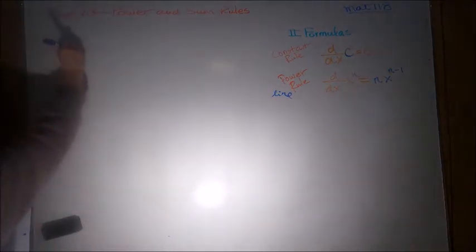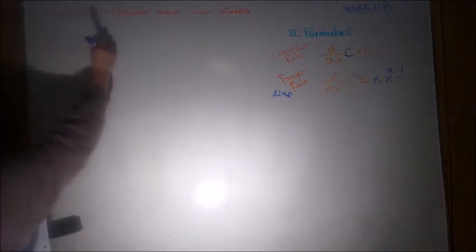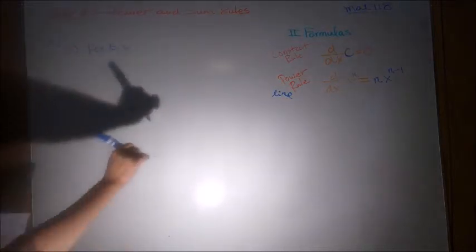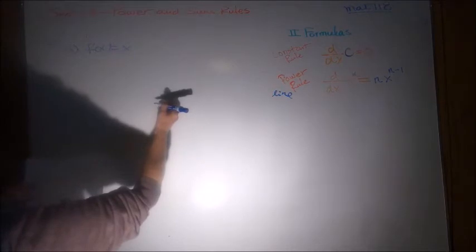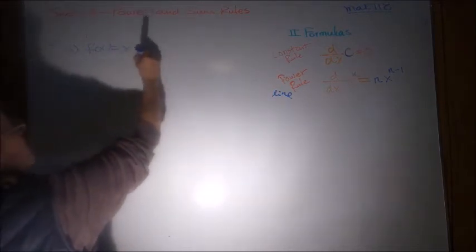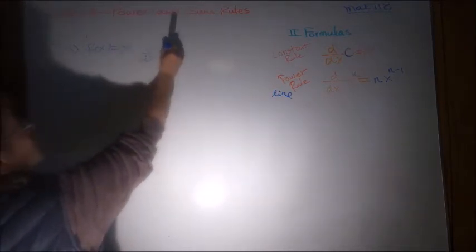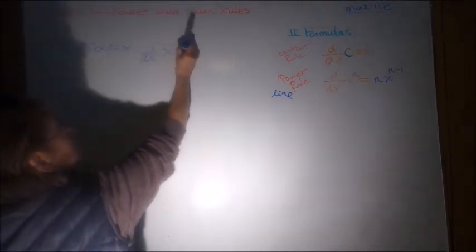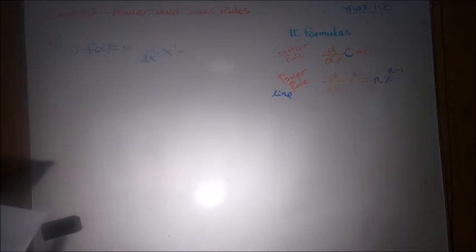So, first one, if my f of x is just 1 power, right? The rule says what? Your d dx of this guy, you drop 1 power, so it was invisible 1, right?